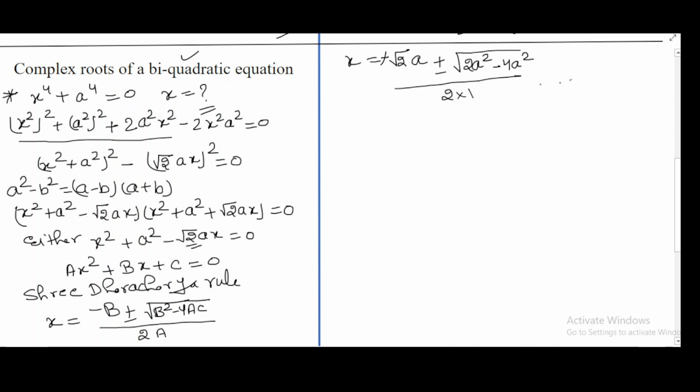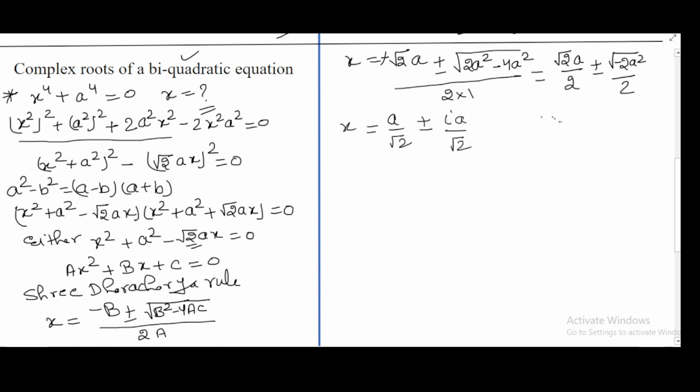So here we have the value of x as root 2a by 2 plus minus under root minus 2a square upon 2. Therefore the values of x will be a upon root 2 plus minus i a upon under root 2.